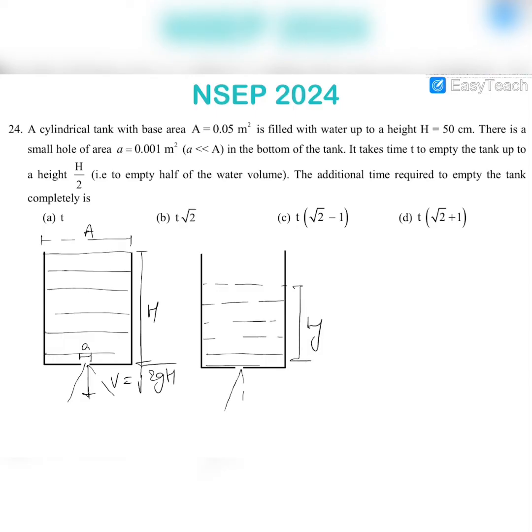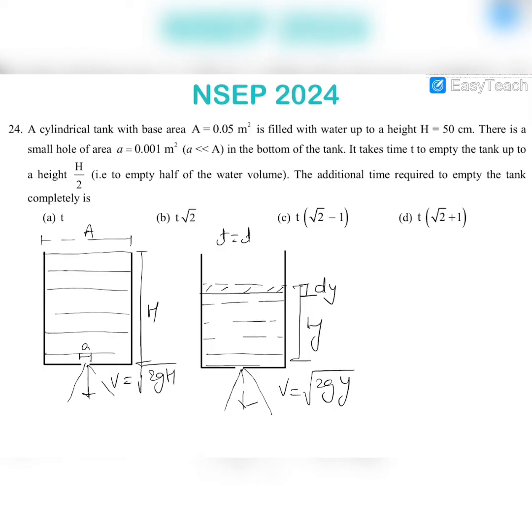So the velocity of efflux of liquid coming out will be root 2gy, and let us suppose that this is the scenario at time t, and after a small incremental time dt, a small decrement in the length of the liquid column occurs, which is dy.